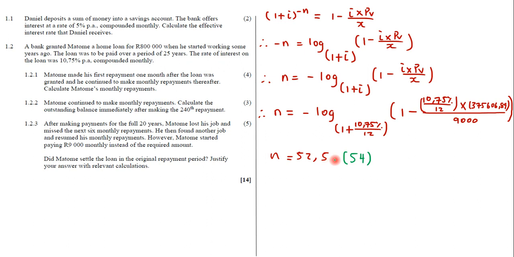This means I managed to settle the loan, because this is less than 54, so I managed to settle the loan within the original repayment period. Because of that, the answer will be yes, and that is how we get to our final answer. And that's it for this video.